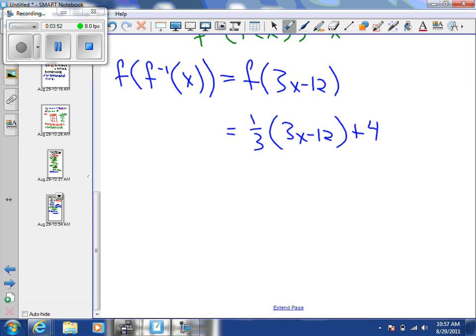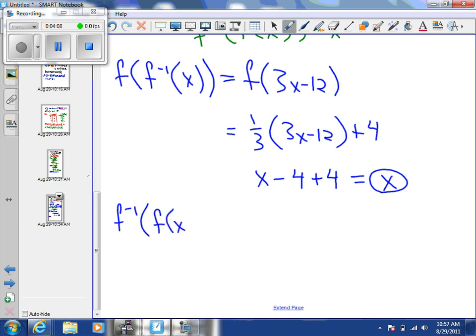I'll distribute. 1/3 times 3x is just x. 1/3 times 12 is 4. You can see that minus 4 and plus 4 cancel, and it looks good so far.